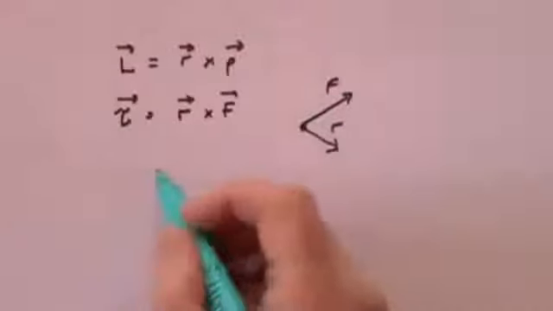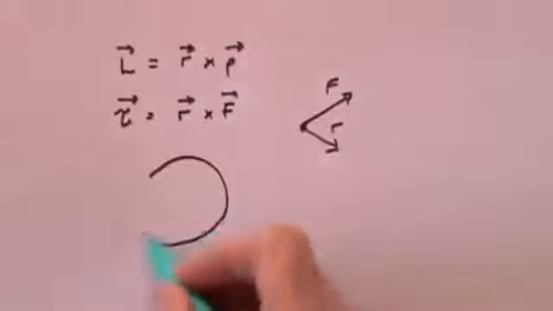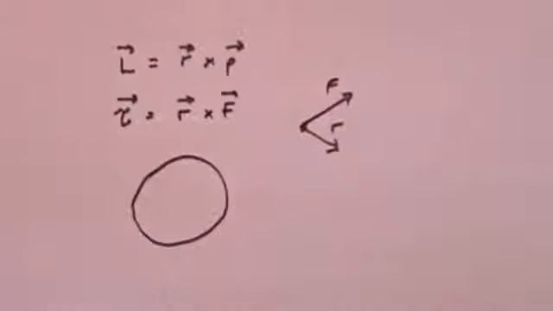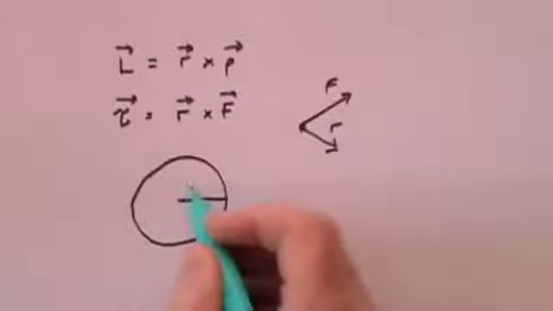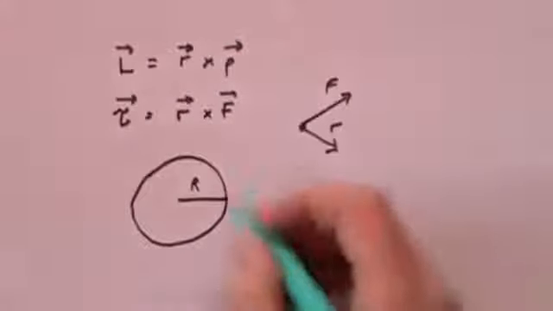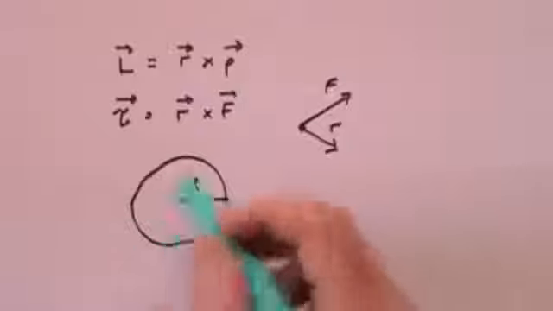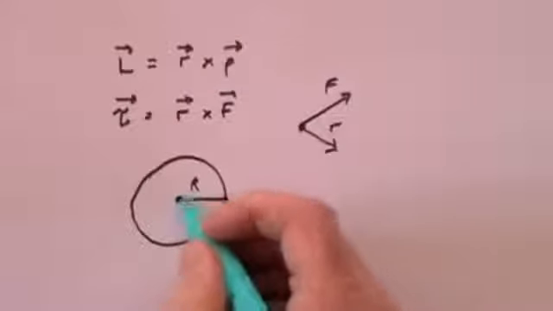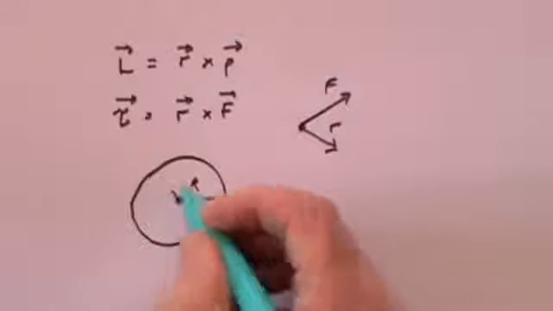If we apply that principle to a disc, here is a disc of radius capital R, and I apply a force this way, so I'm going to spin this disc around this point here, the pivot point. Let's put a little pin in it.